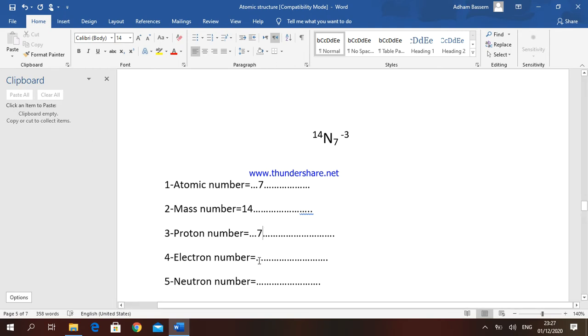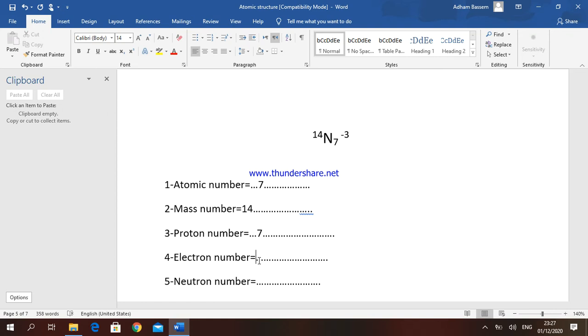While electrons, stop and focus with me. Nitrogen atom, in ordinary state, the number of positive protons equals the number of negative electrons equals 7. But during a chemical reaction, nitrogen tries to gain electrons to complete the outermost energy level. Okay? So after gaining, the number of protons becomes less than the number of electrons.